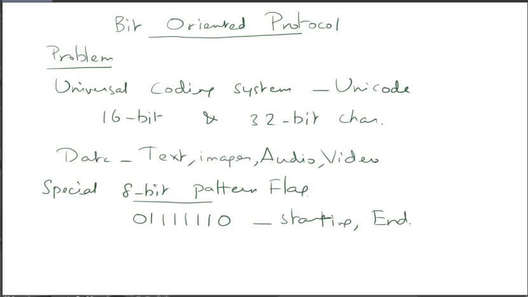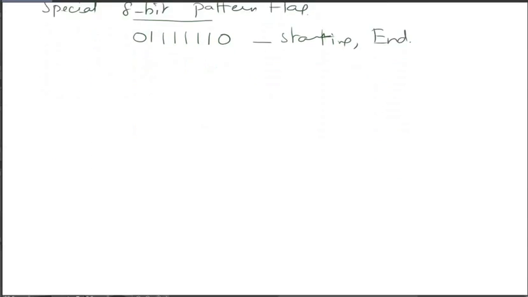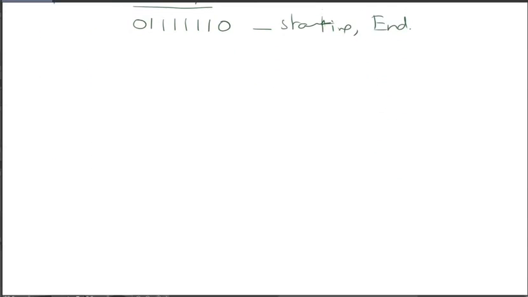We'll see this in detail. This is the pattern, 0 followed by 6 ones followed by a 0. This pattern is to be specified at the starting of the frame as well as the end of the frame.